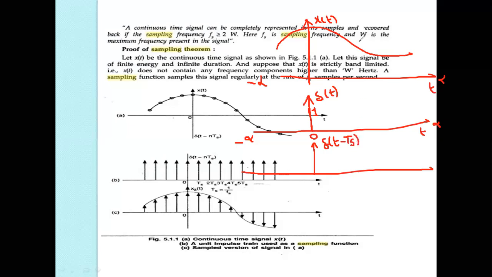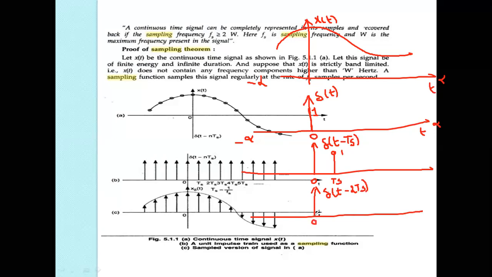One sample is shifted towards the right side. It is a delay function, with ts the sample time. Here the magnitude is also 1. Another signal, if I take, is delta of t minus 2ts.